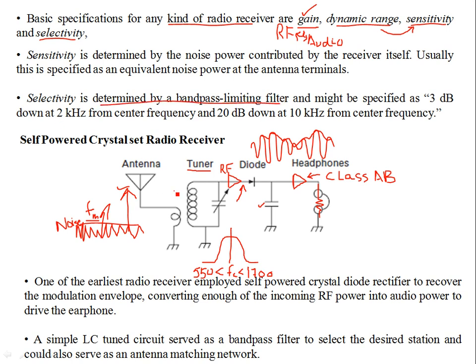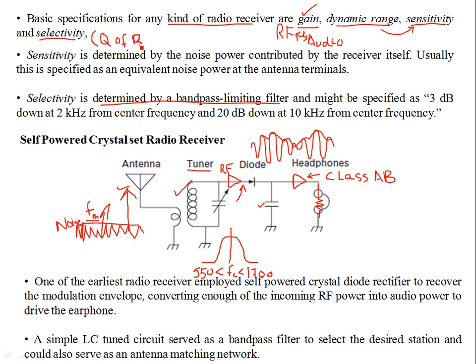So for example, over here you have a band pass filter. If you have a very high Q band pass filter, selectivity is generally determined by the Q, or quality factor, of your band pass filter. If you have a very high Q band pass filter, that means the selectivity of the desired signal is high.